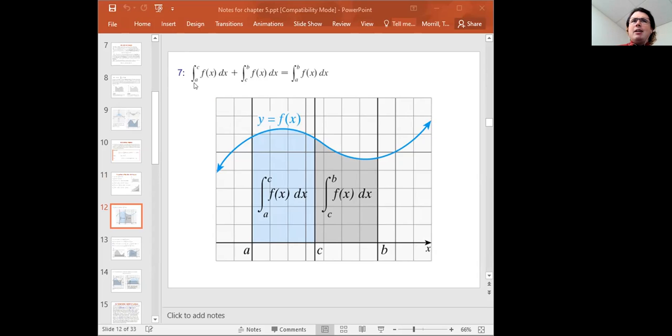So if we integrate starting at A and stop prematurely, and then start up again and keep going until we hit B, then the total amount of area here should be equal to the blue area plus the dark gray area, which is saying that I can add together two different integrals as long as they are integrals of the same function, and as long as the upper endpoint of one of the integrals matches the lower endpoint of the other of them.